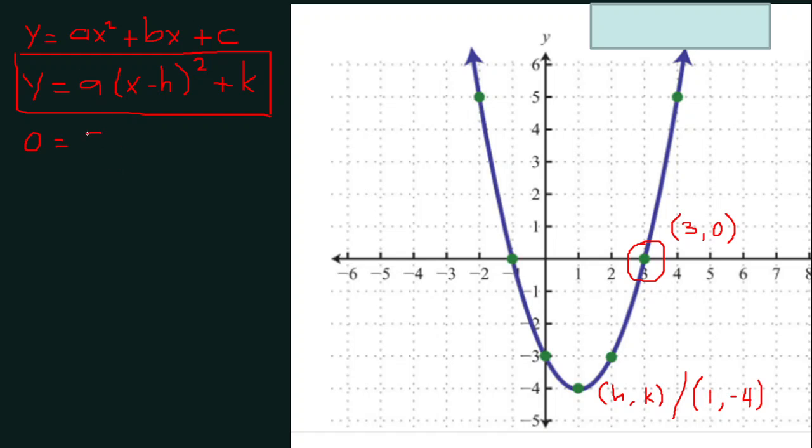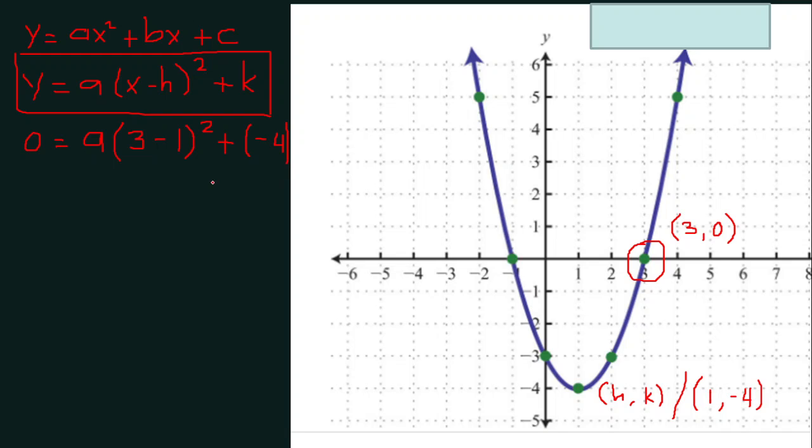Then a times x, where x is the value of our point here, which is 3, minus our h, which is positive 1, so minus 1 squared, plus the value of k, which is negative 4.